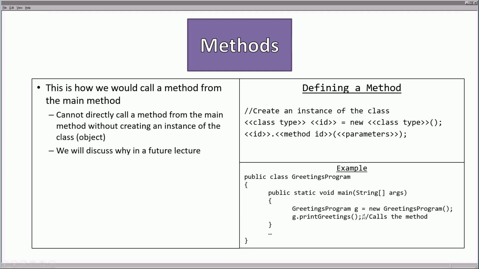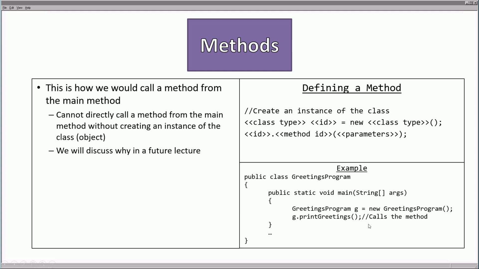We do that by using the word new followed by the type greetings program followed by the parenthesis. What this line of code does is it constructs a new instance of this greeting program that we're going to call G. And now that we have this instance, we can call the method printGreetings from right here.